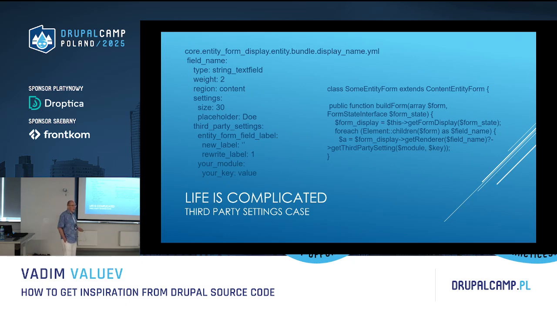Okay, and then we use it in our form displays to change some widgets, to change some orders, to make multi-step forms, to make these fields appear at certain steps, whatever. Do whatever you want. Okay, they say you need to provide a configuration schema. Yes, you need to, basically.